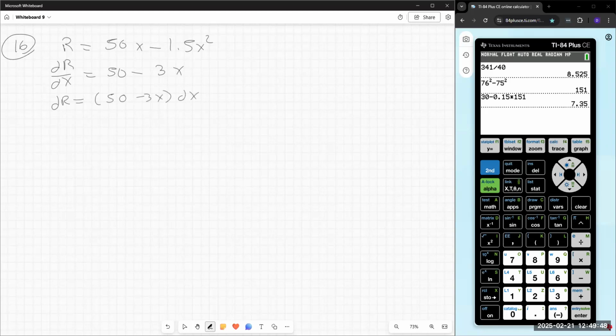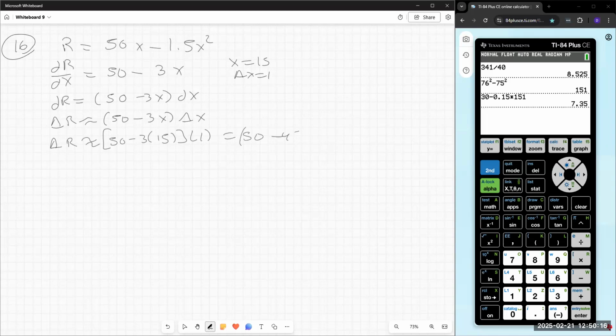So delta r is approximately (50 minus 3x) delta x. And x was 15 in this problem with delta x equal to 1. So delta r is approximately 50 minus 3 times 15 times 1, which is 50 minus 45 times 1, is 5 times 1, is $5.